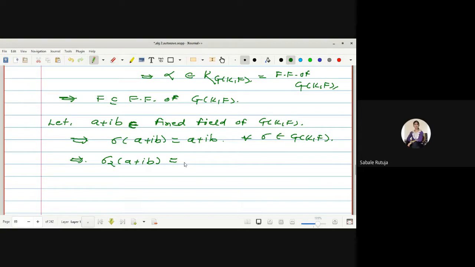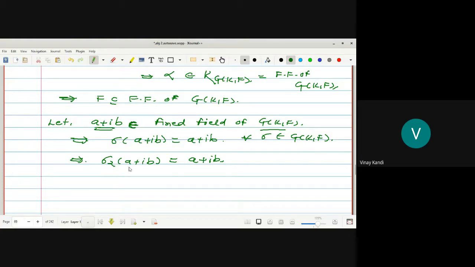If A plus IB is in the fixed field of GKF, then applying sigma 2, sigma 2 of A plus IB is equal to A plus IB.